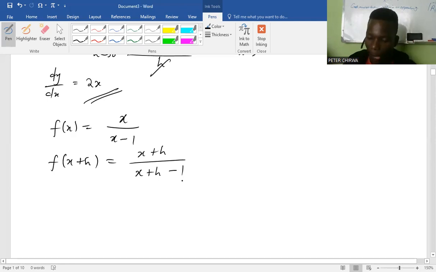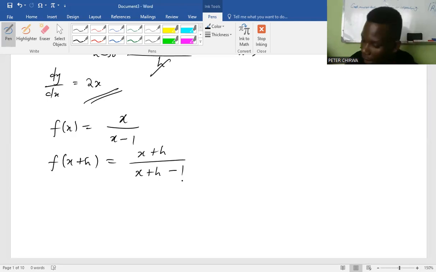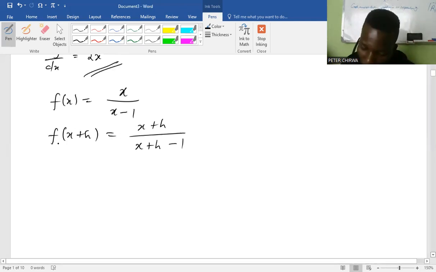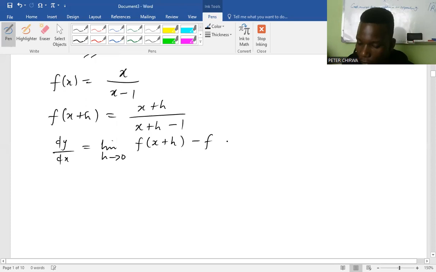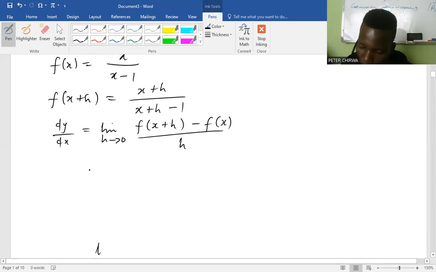Wow. Okay, so we get back to our first principle. I'll write it in case you've already forgotten. It's written like that. So now, where there is the function of x plus h, we substitute with that.